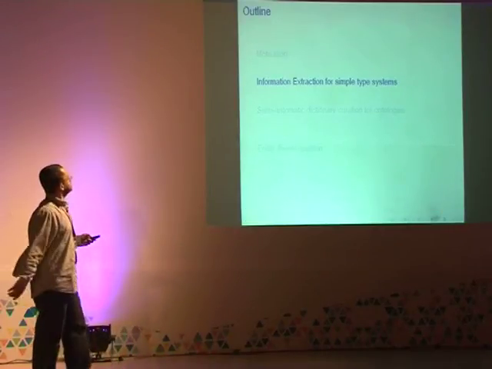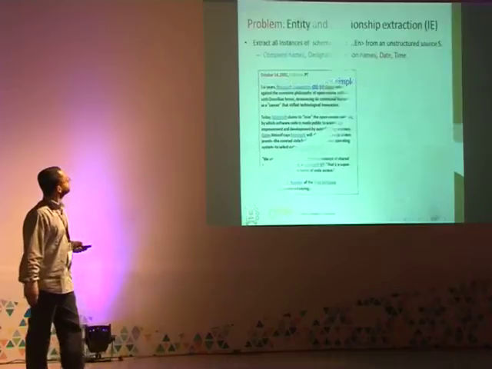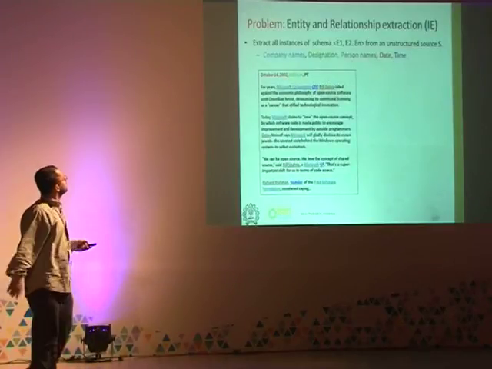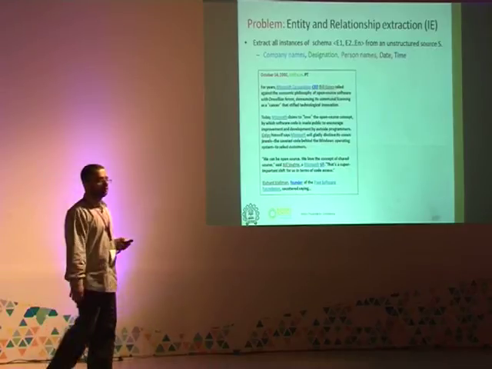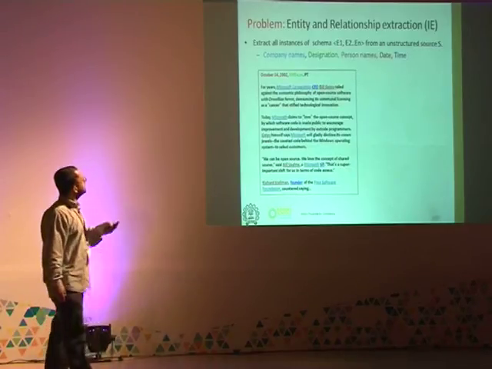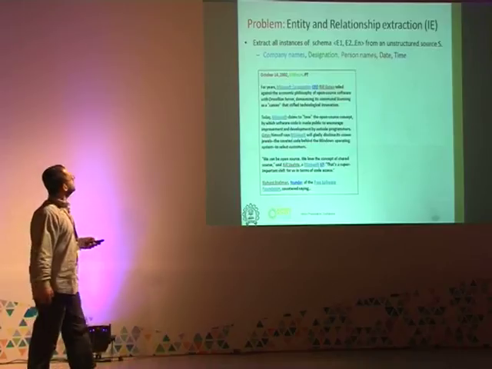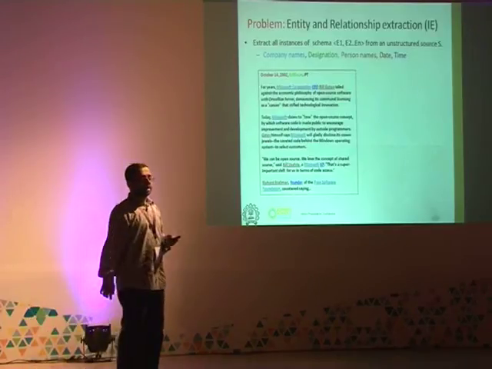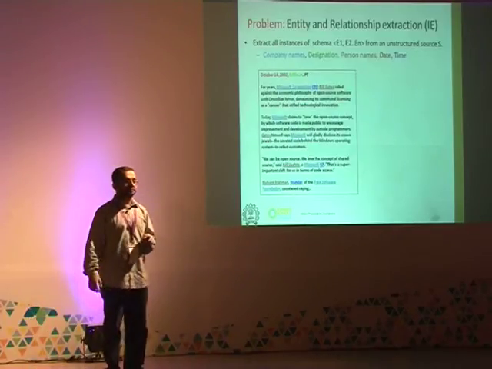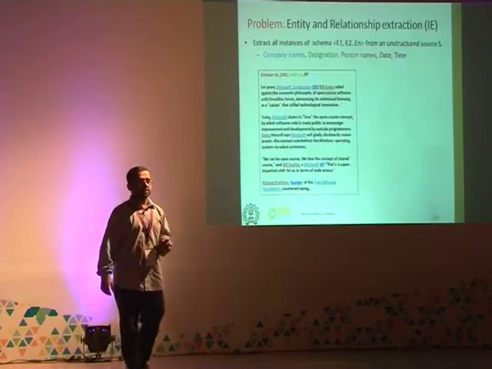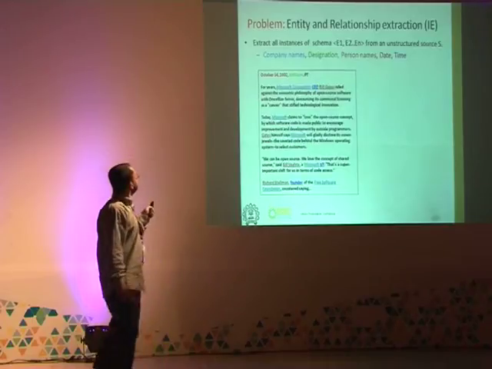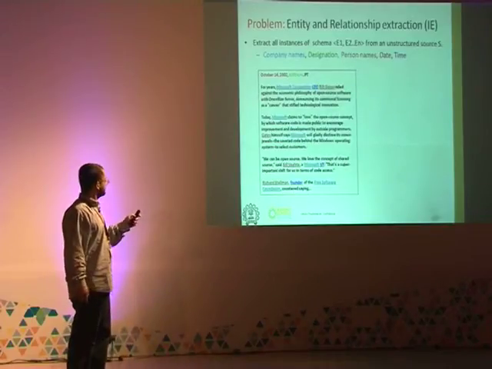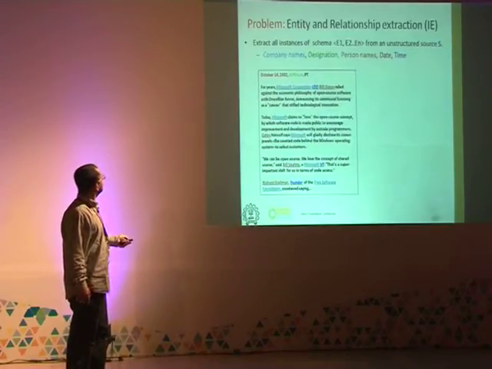So let's look at information extraction for simple type systems. This is a very typical definition of information extraction. Given a schema consisting of entities E1 to En, you need to find all instances of the schema from an unstructured source S. So in this example, you're looking for instances of company names, designation, person names, date and time, and this is some news article.